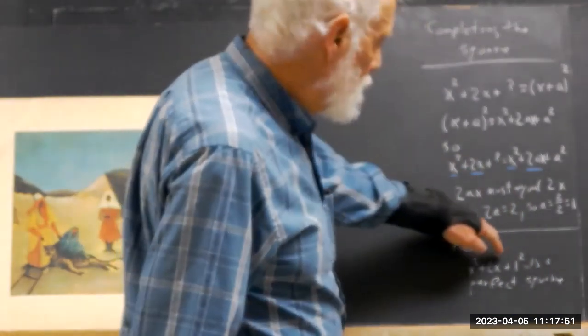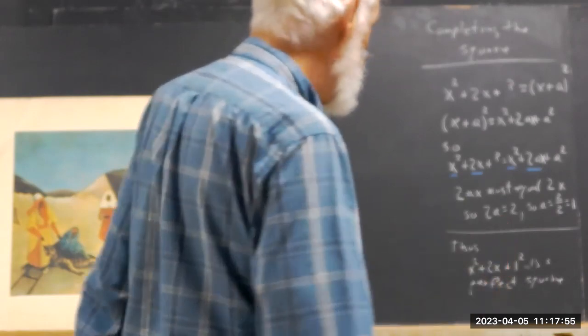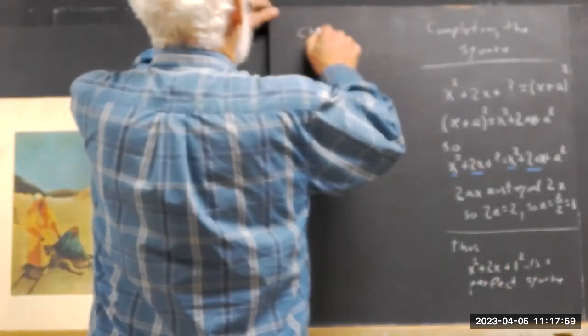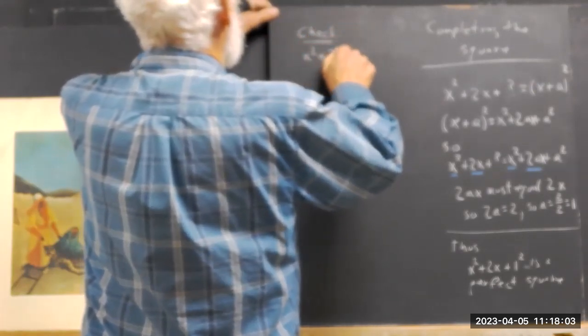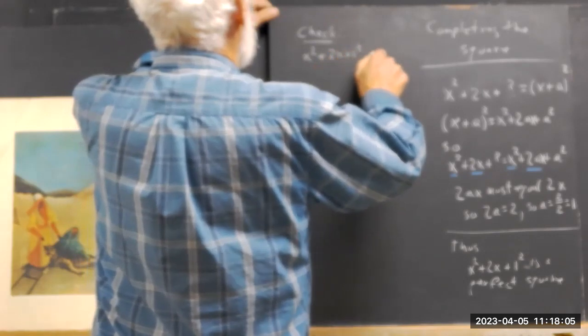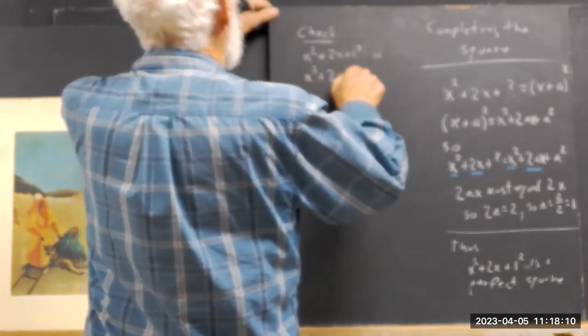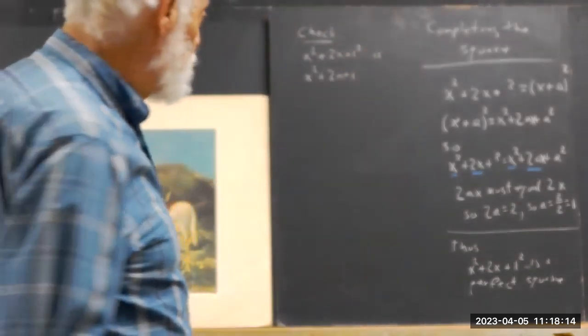So it's x squared plus 2x plus 1 squared, that's a perfect square. And we can check. Of course, 1 squared is 1, so we don't have to write the square on it.